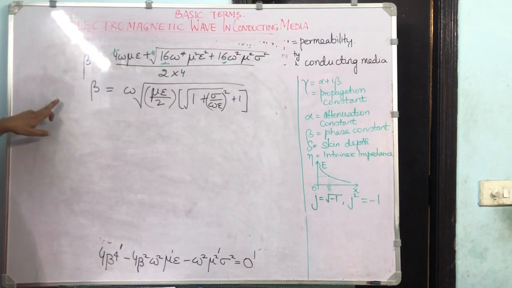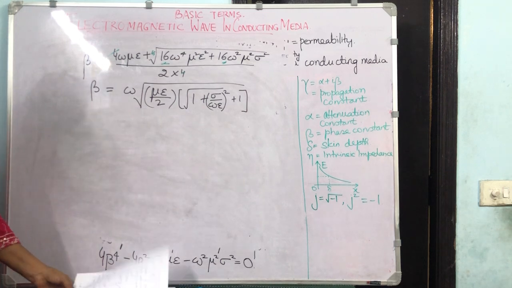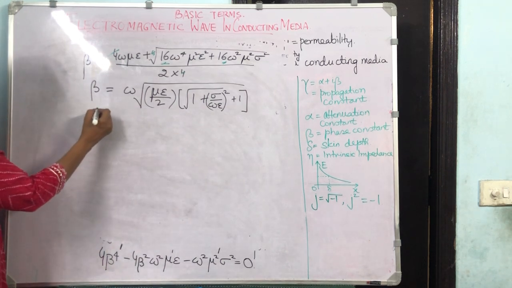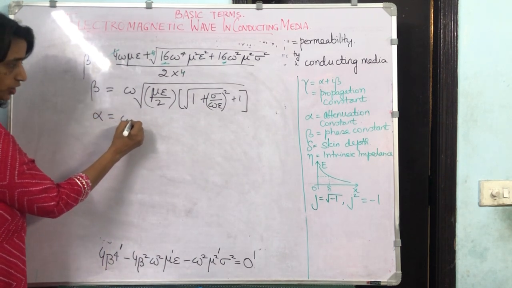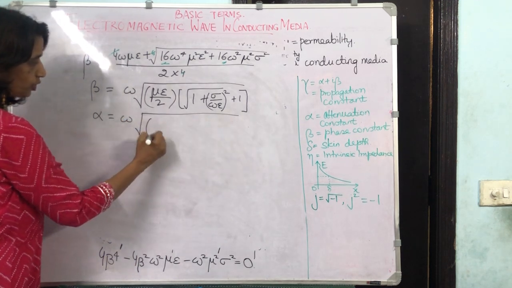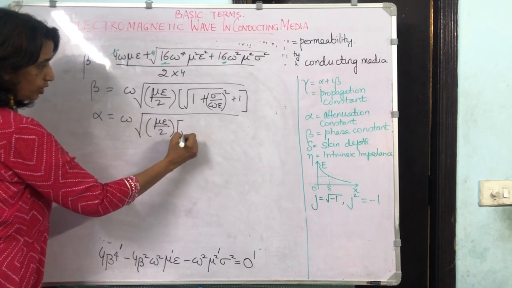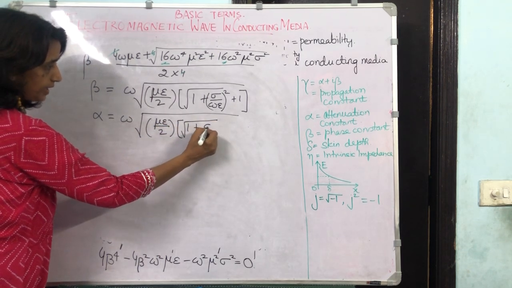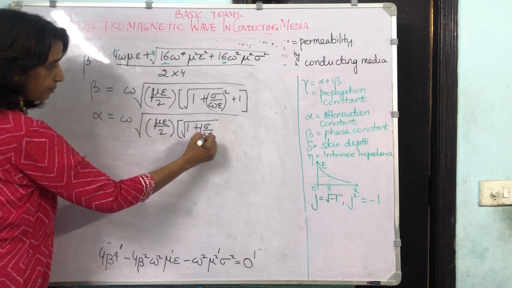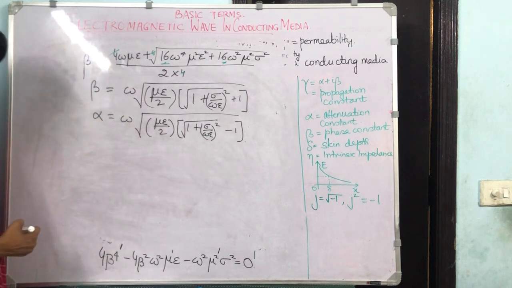This is what we get for beta or the phase constant. Similarly, for alpha, that is attenuation constant, we get omega under root mu epsilon by 2 into under root 1 plus sigma upon omega epsilon whole squared, minus 1, right?